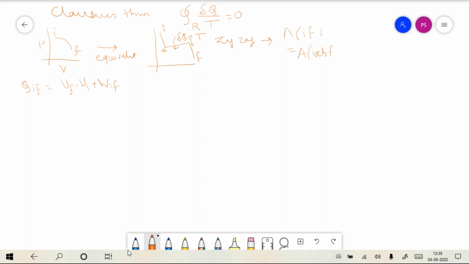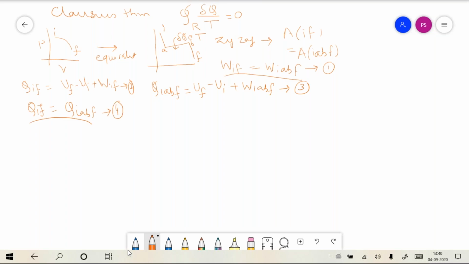So if you look at equations 1, 2 and 3, what you get is Q_IF is equal to Q_IABF, just comparing equations 1, 2 and 3, which is equation 4. Now if you look at equation 3, equation 4 and equation 1, you see that in the process I2F and in the zigzag, these two processes are equivalent.